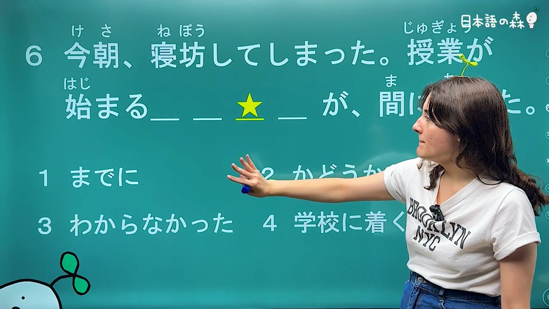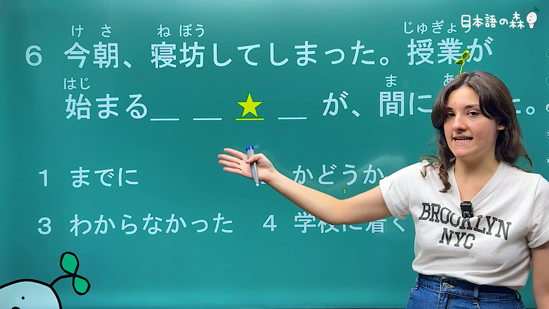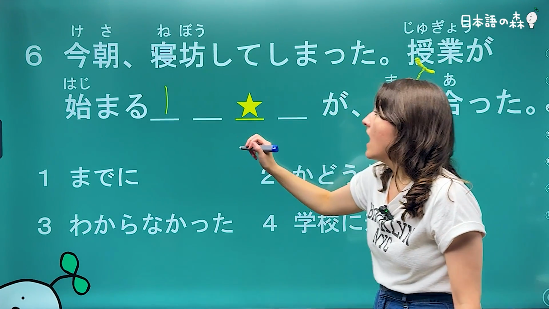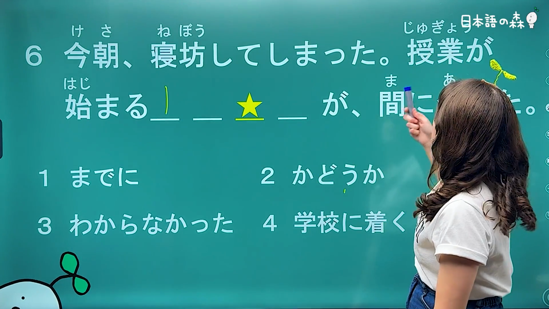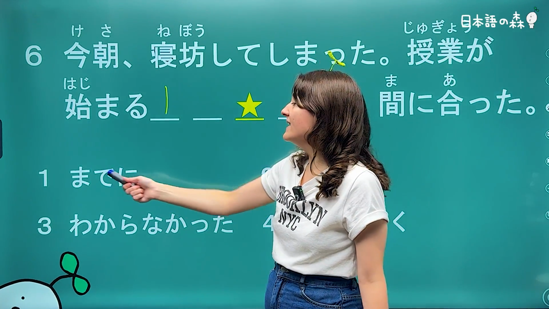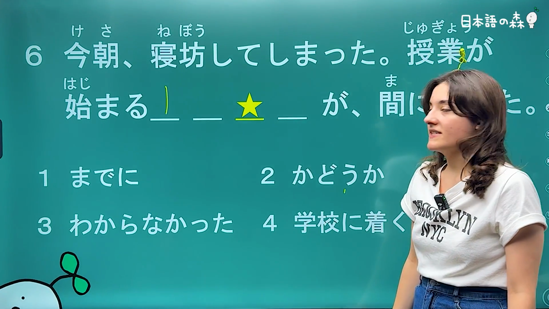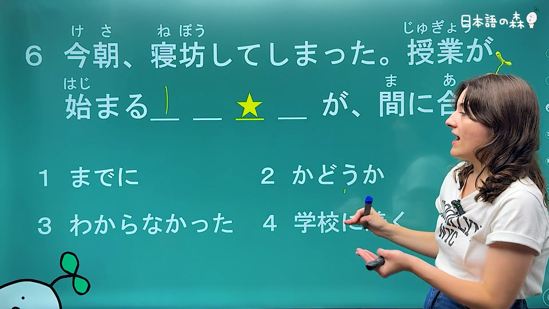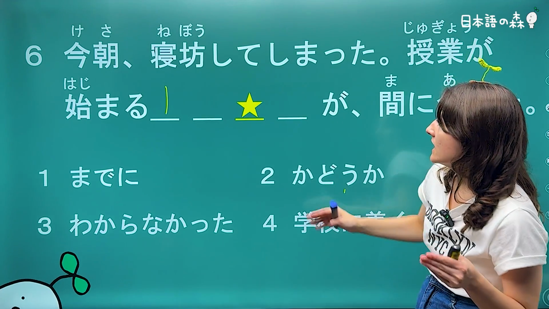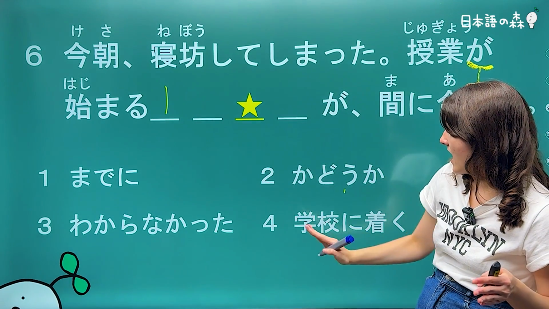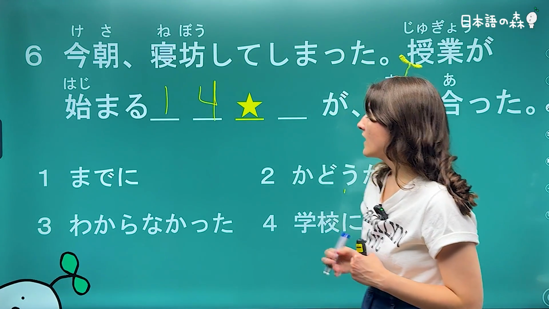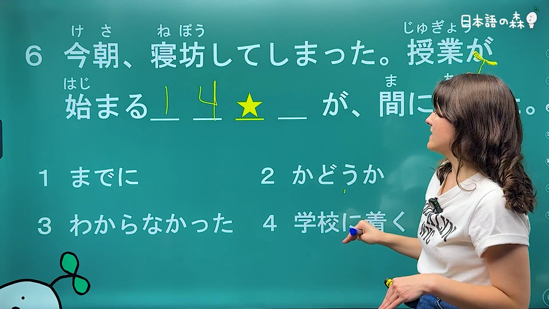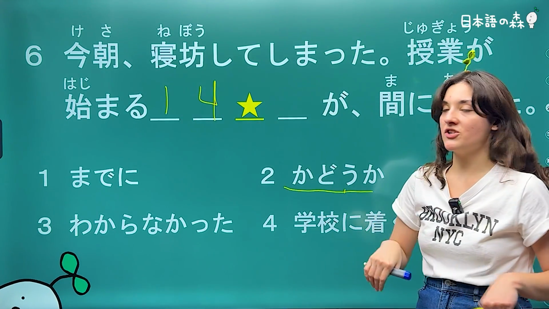So, 始まるまでに. That means until class starts, right? Because it's 授業が始まるまでに. And then we want to say the next part, which is arrive at school. So it'll be 始まるまでに学校に着く. And then the next thing we want to put is the thing that embeds our question, right?